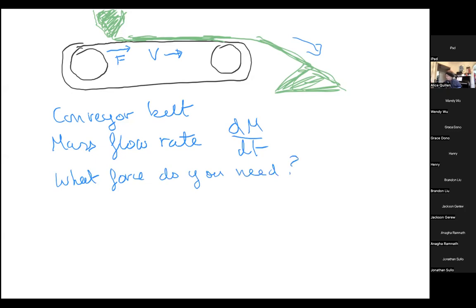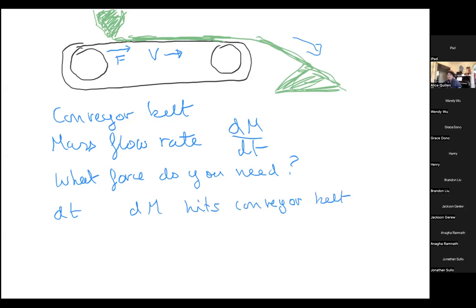So the way to think about this is to consider a small period of time. If we have a dt, then a dm hits the conveyor belt. And once it's on the conveyor belt, it just stays at velocity v.